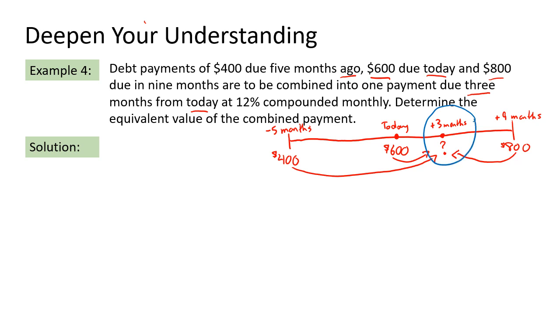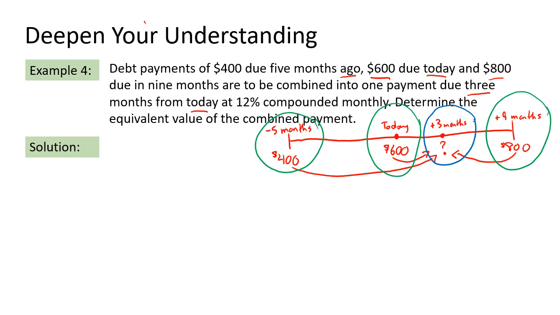Again, this is about equivalent values. You're trying to translate each of your payments to one period of time. So we have three calculations. We have to do a future value calculation for the payment that was 5 months ago, another future value calculation for the payment today because we're looking at a period of time 3 months from now, and then a present value calculation for this third payment, 9 months into the future.